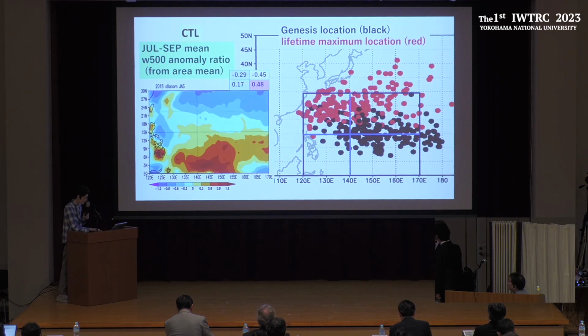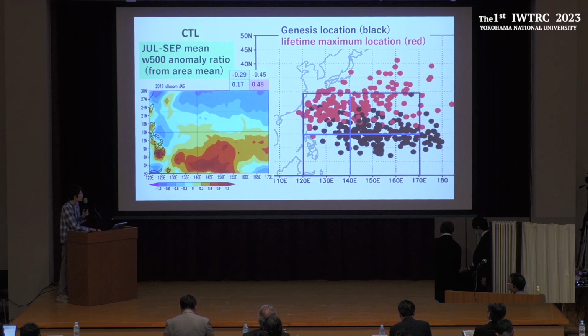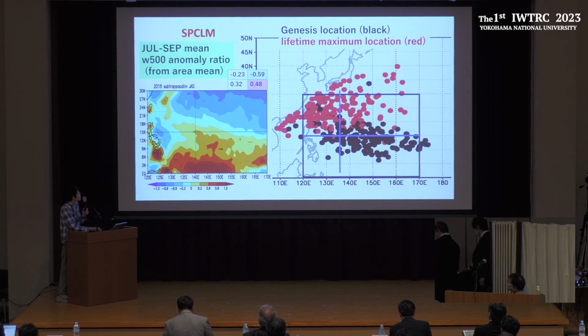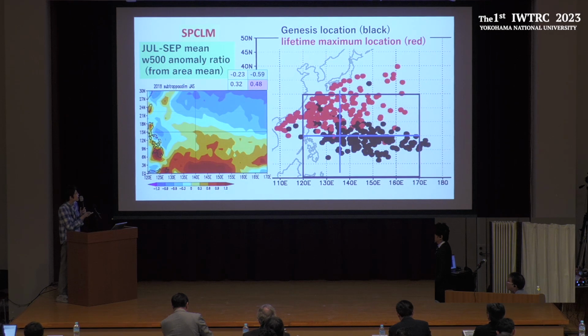This is the control case, and this is the subtropical climatology case. And we confirm that in the control case, the difference between the zonal paths of each tropical cyclone is much smaller than in this SP cream case.